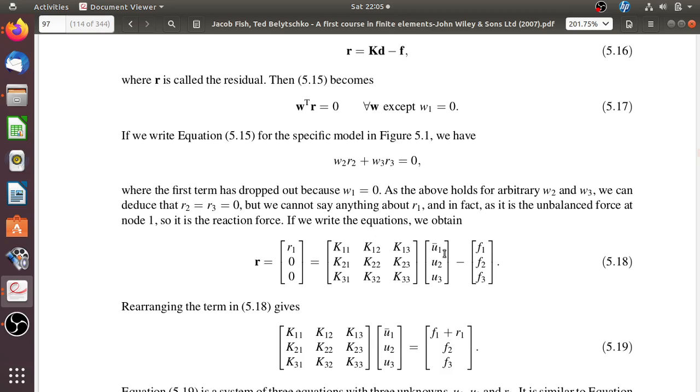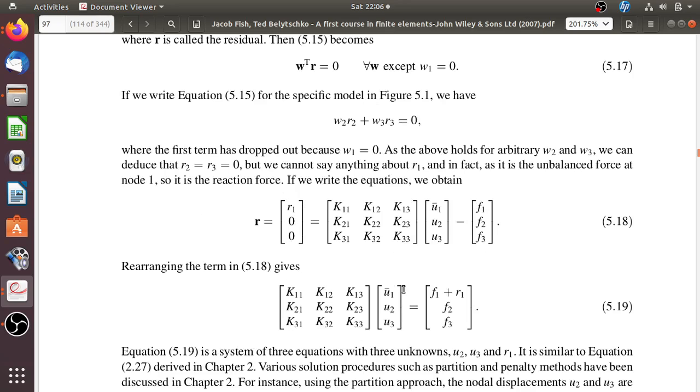Okay, so we know only this one, and we do not know the entire force corresponding to that node. Okay, now if I take this vector and put it over here, I will get it into this form.